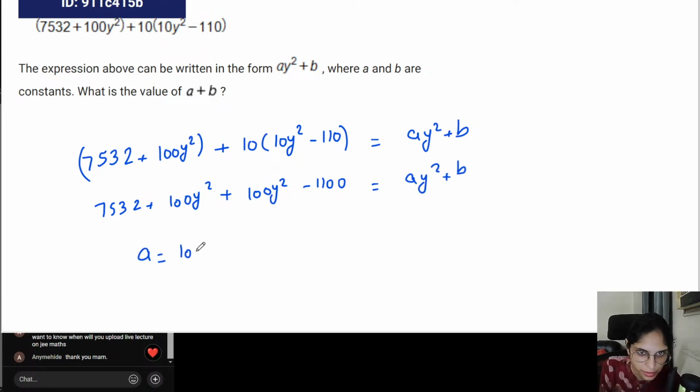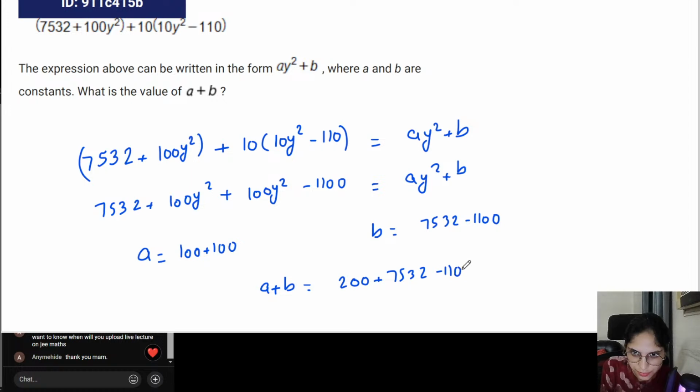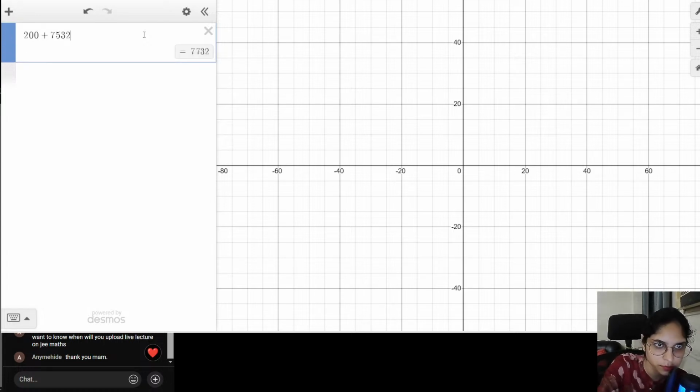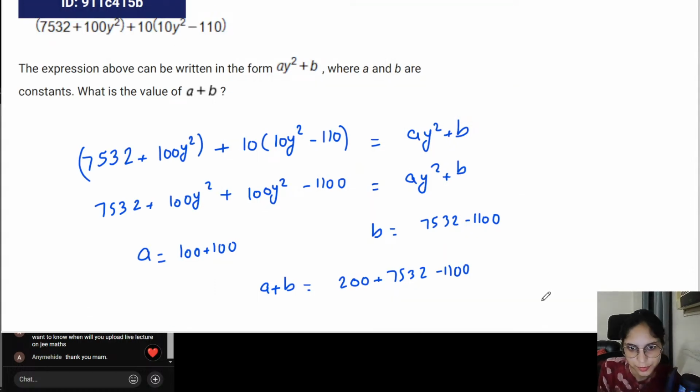A is going to be 100 plus 100, that is 200. B is going to be 7532 minus 1100. You have to find a plus b. You don't need to find these separately. 200 plus 7532 minus 1100 is 6632.